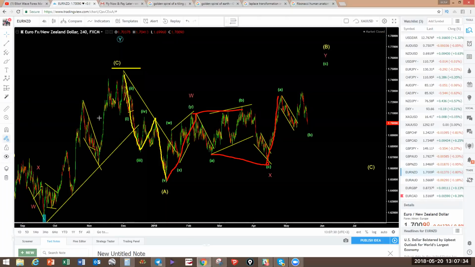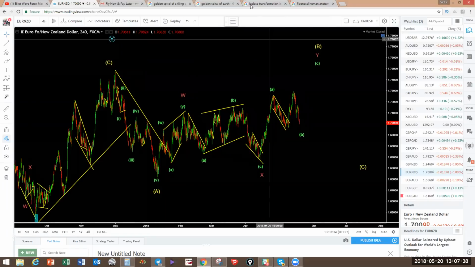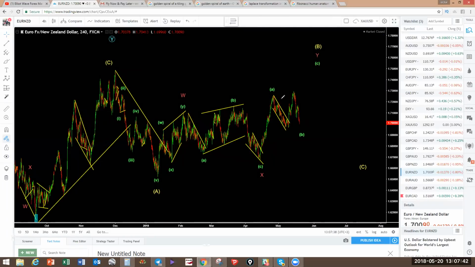Show the labeling here. See what we're looking at. So there's a possibility for this green degree impulse 1, 2, 3. It is making this corrective structure for a move to the upside. So this whole move here is an A, and we are making this big B correction.